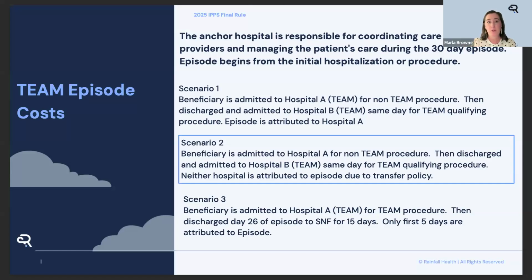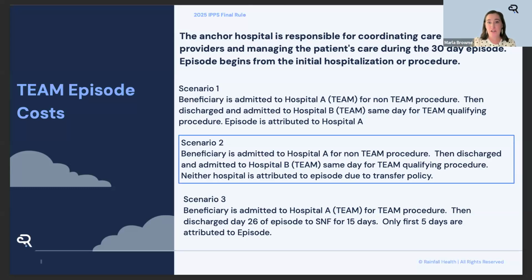Okay. A beneficiary is admitted to Hospital A. Hospital A is a TEAM participant. They're admitted January 1st with MSDRG code 637. That is not a TEAM episode qualifying procedure.